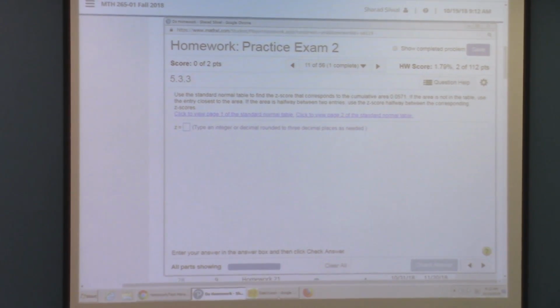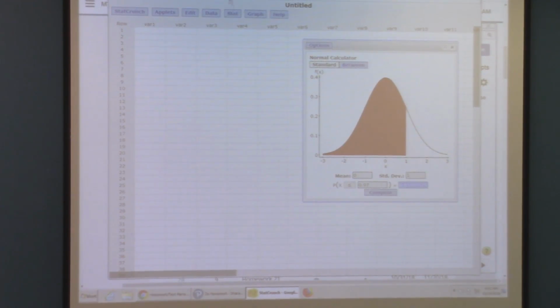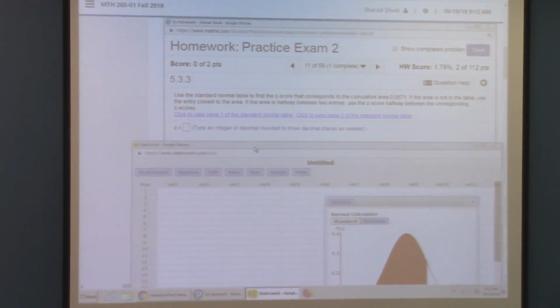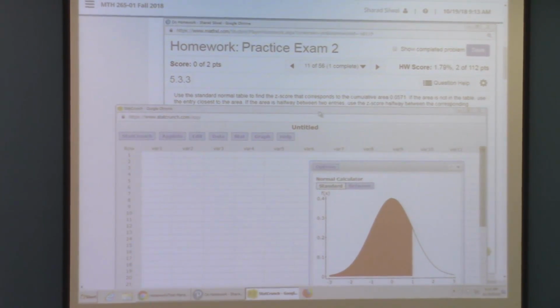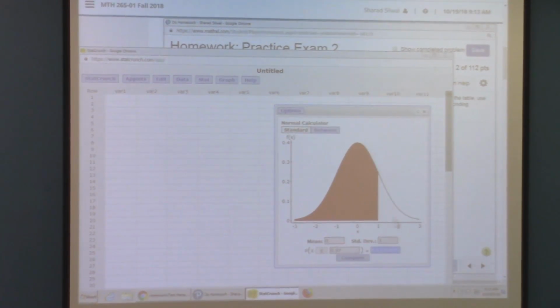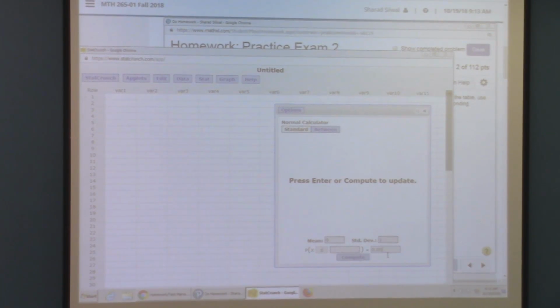So same question. Now we're still doing the z distribution, but we want the cumulative area, this one here, 0.0571. Since that's the area, you'd put 0.0571 there. So that's the box for the area. And you hit compute, and that's the score we are after.